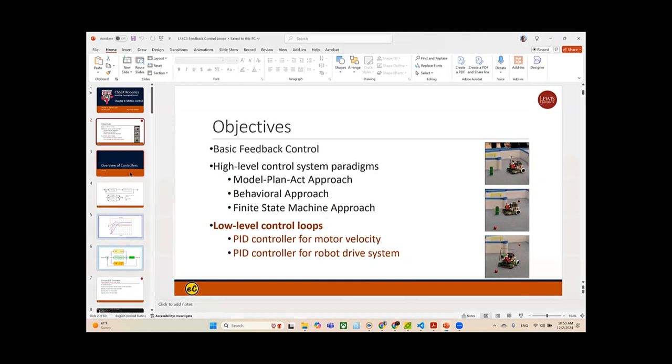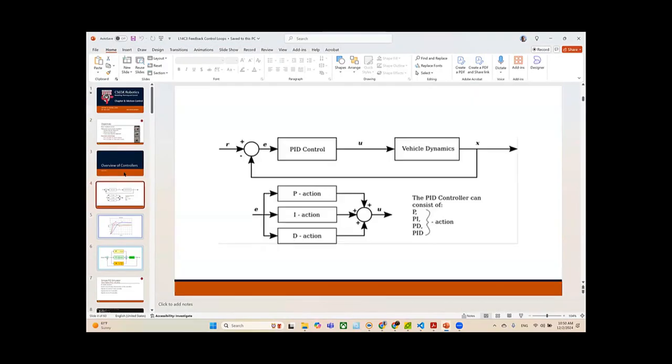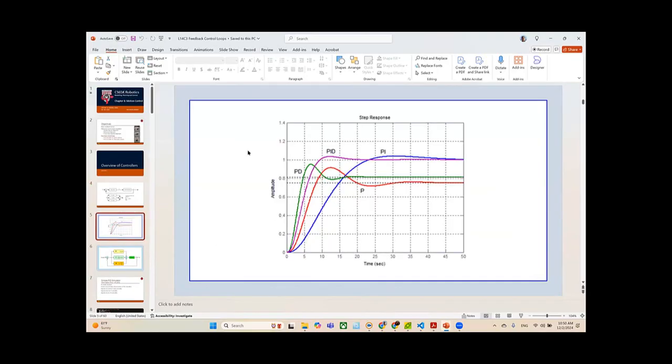First, let's look at the low-level controller. I'm not talking about the high-level controller. In the low-level controller, you have proportional, integral, and differential controllers, and these three different controllers have different responses. When your system gets stable, how fast does it get stable? Or is there some sort of offset that you experience? These are what we are concerned about at the low level.